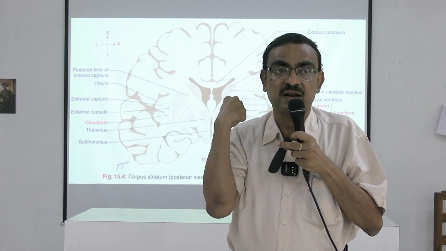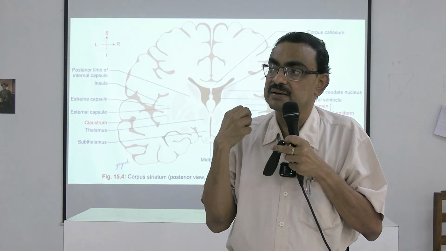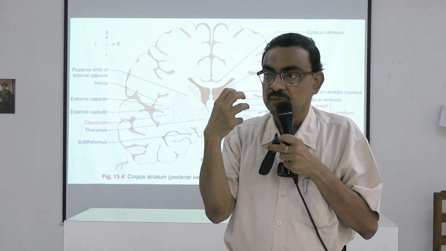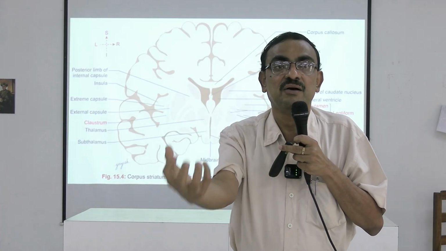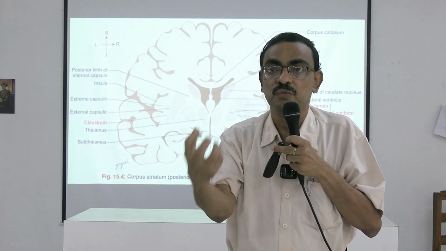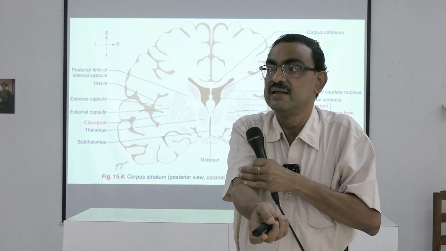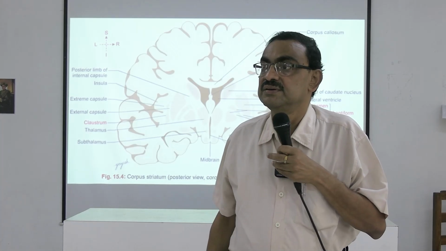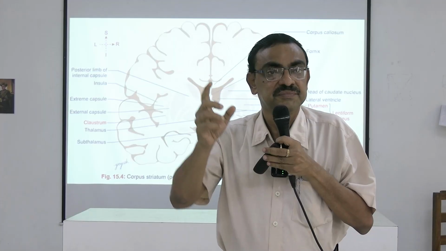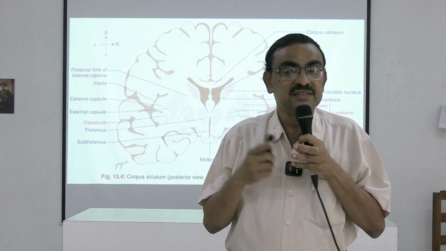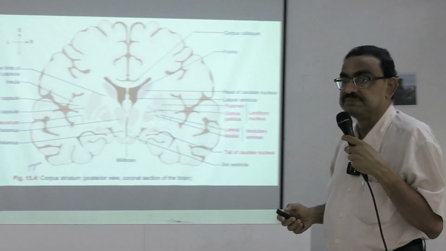Rigidity, the clasp-knife rigidity, and bradykinesia, that means lack of movements. If you feel the muscle, there will be rigidity, bradykinesia, and tremor. These are the three cardinal features of a lesion of the basal ganglia.